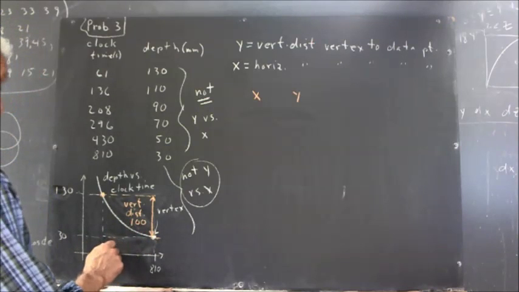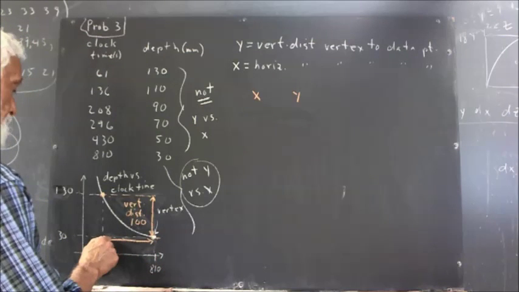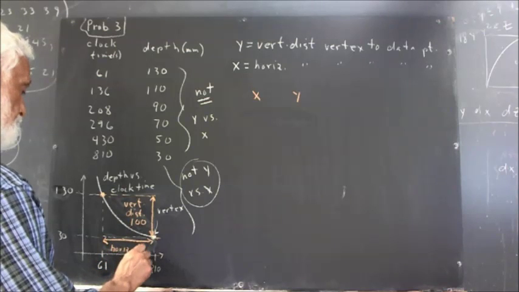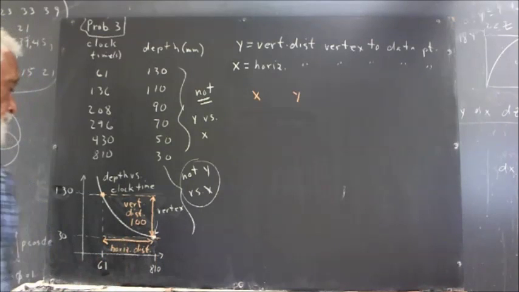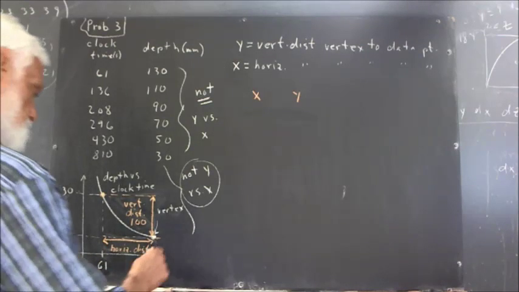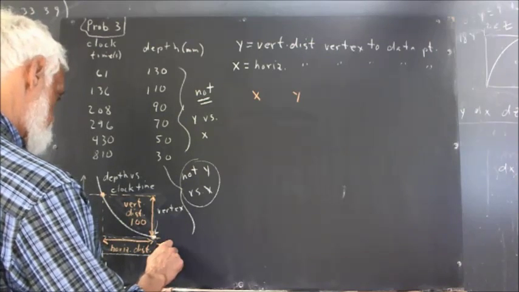The horizontal distance is here. And that's from 61 to 810, which is 749.